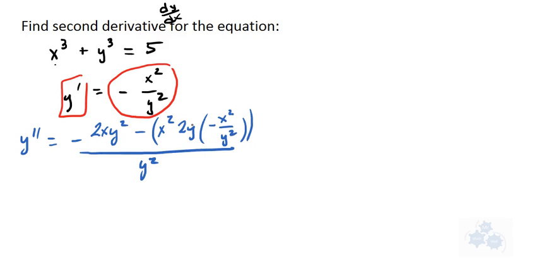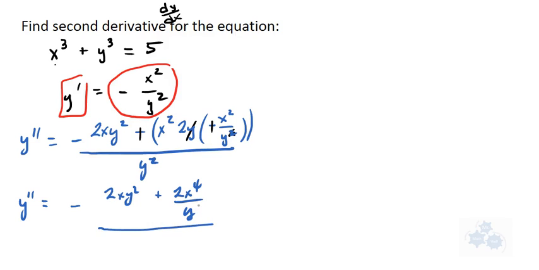Okay, so now it looks a little confusing here, but it's not too bad. This y goes with one of these y's, because this negative and this negative are going to make a positive. And so y double prime is going to be 2xy squared plus 2x to the fourth all over y, and this is over y to the, let me see, sorry, y to the 4, because we want to square that.